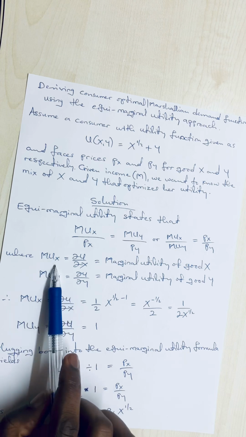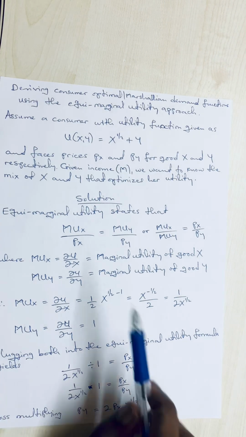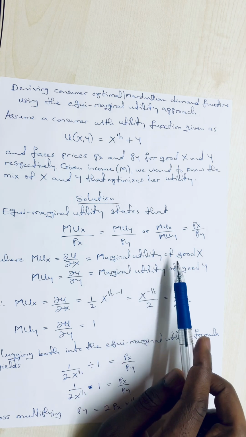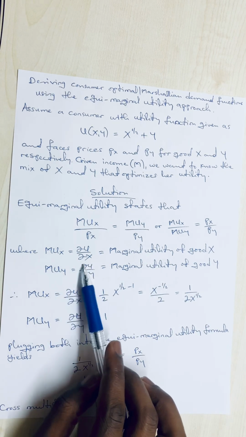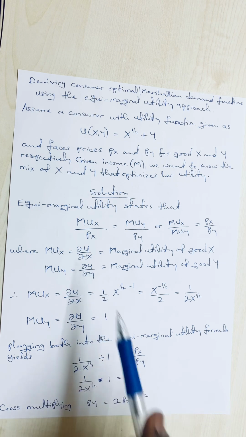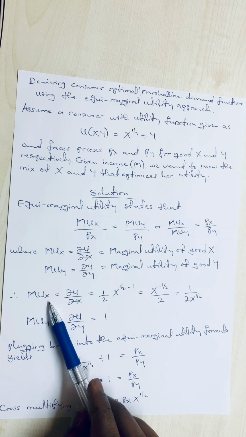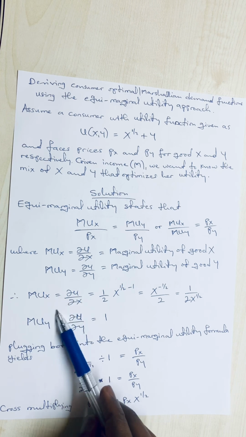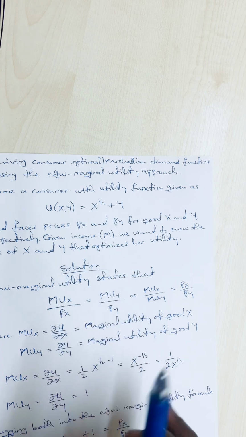MUx is simply the differential of U with respect to x, and the marginal utility of y is the differential of U with respect to y. To find the marginal utility of x, we differentiate U with respect to x. But mind you, this is x to the power half.